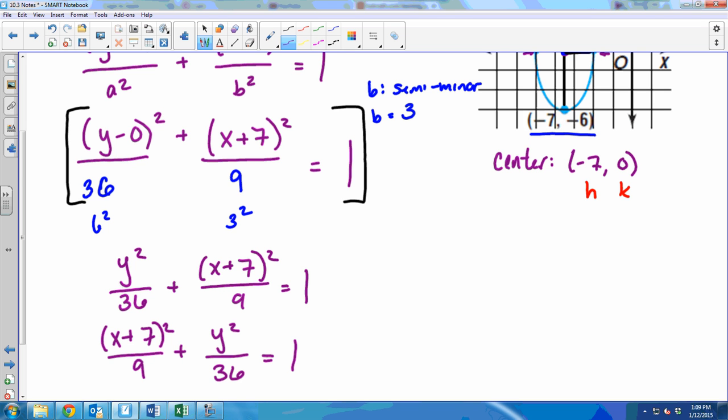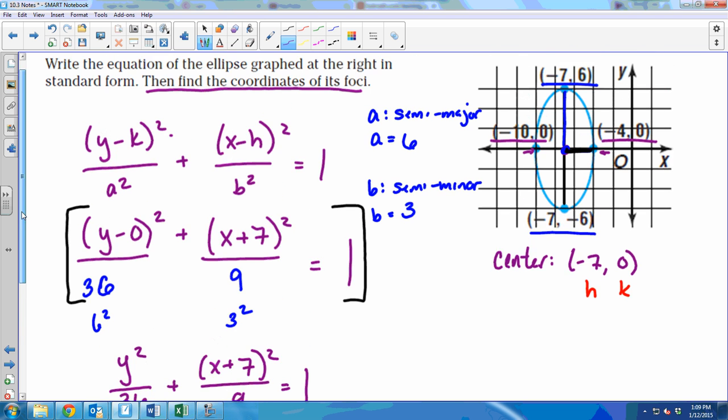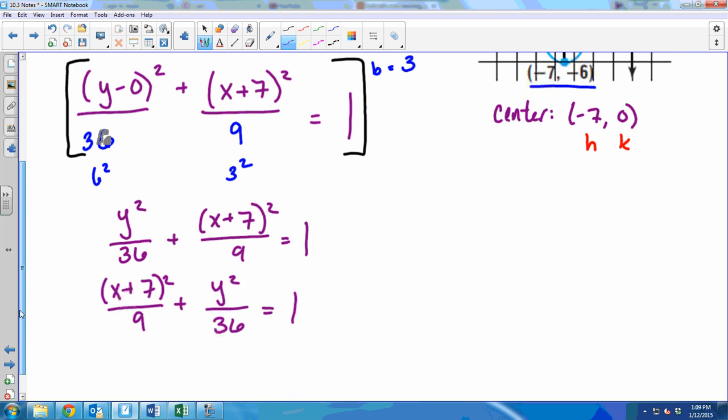You're going to see it that way a lot because they like to put the x first. How would I know that bottom one is vertical? The greater denominator is 36 and it's under the y. Right? Everyone good? So I found the equation, but then it says to find the coordinates of the foci.